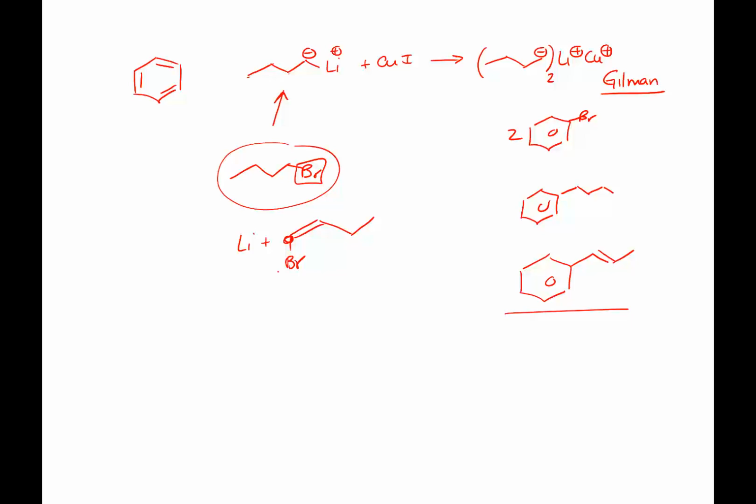Okay. So that's the way these coupling reactions work. This one is probably not the best because I'm still making a Grignard-type reagent, which means it's going to be air sensitive and moisture sensitive. But some of the other ones, if I change to a transition metal, I can do this reaction in water.